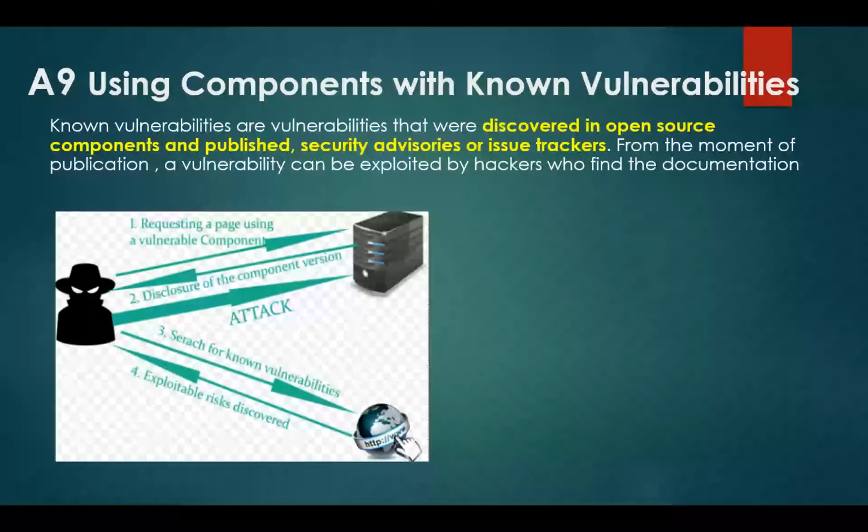If the attacker requests a page using a vulnerable component, and the web server responds and discloses the component version, then with this disclosure the attackers can easily attack the targeted web server, searching for the vulnerability discovered from the internet side, the web server side.